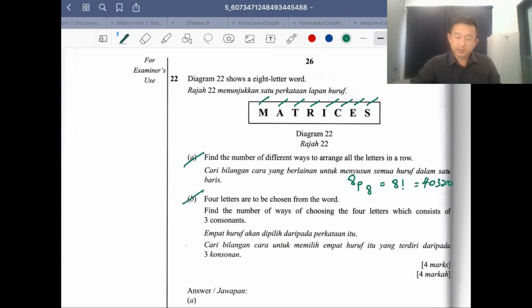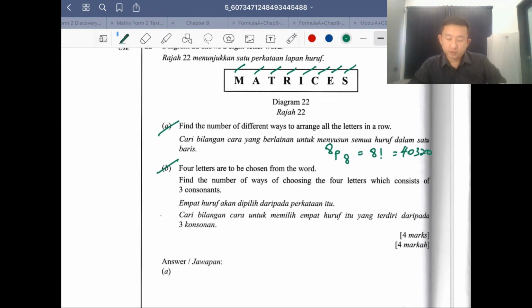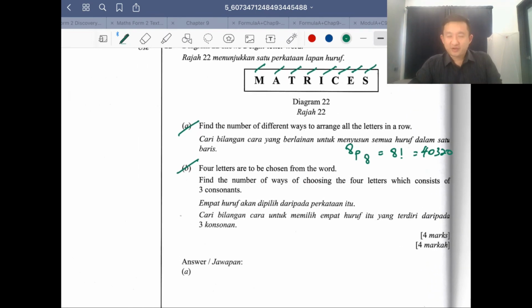Okay. B. 4 letters to be chosen from the words. Chosen only, you don't have to arrange it, so it should be C. Choosing a 4 letter word consisting of 3 consonants. How many consonants do we have? 1, 2, 3, 4, 5, A, E, I. We have 5 consonants, and we're going to pick 3 of them.